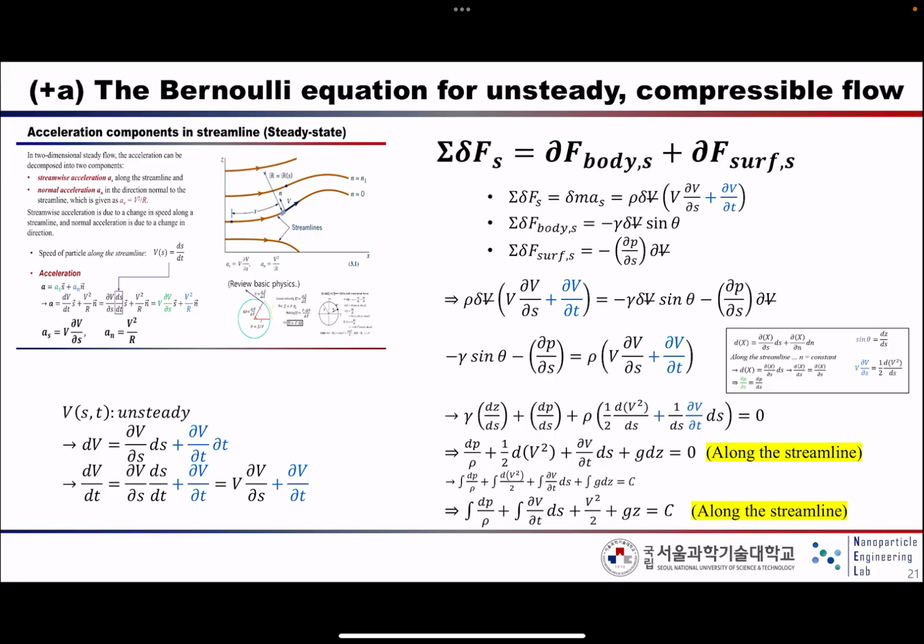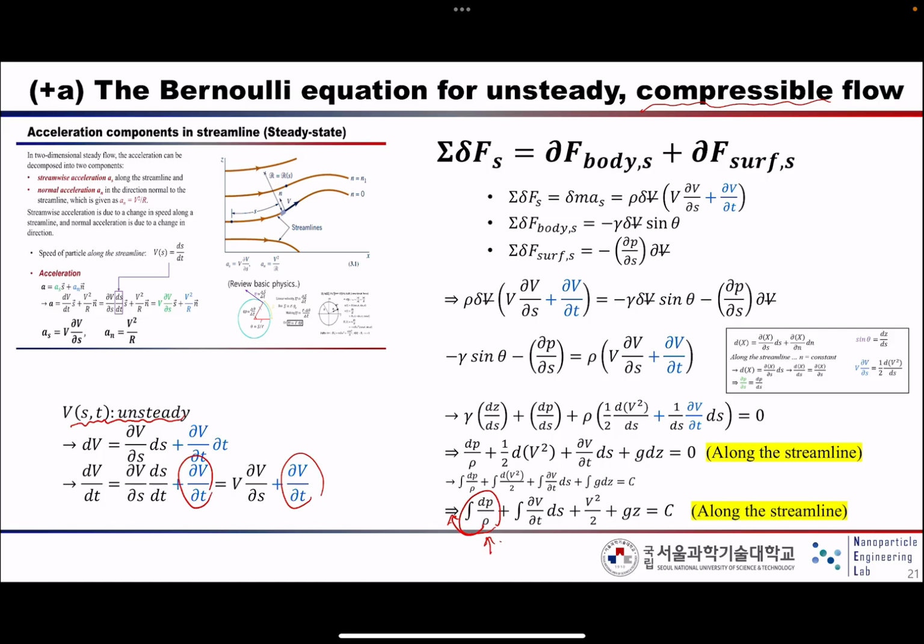If the flow is unsteady, because the velocity depends on time, you have another term, the blue one, so the derivation also changes. Also, because the flow is compressible, the density is not constant, so we cannot take it outside of the integral.